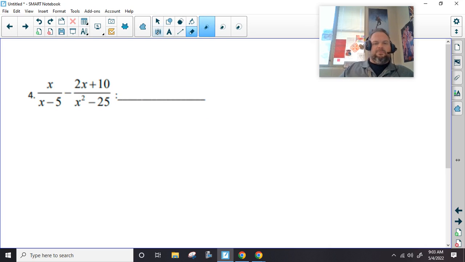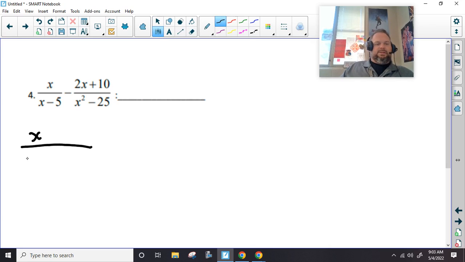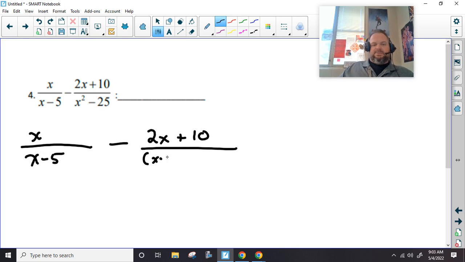All right. Number 4, same type problem, just set up differently. Okay. We know this is going to have an x minus 5. Well, this is a dots problem, so it's also going to have an x plus 5.